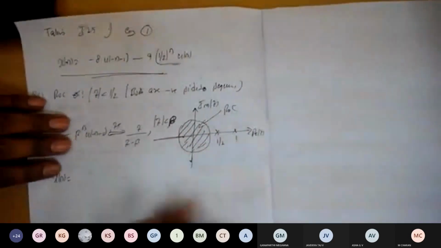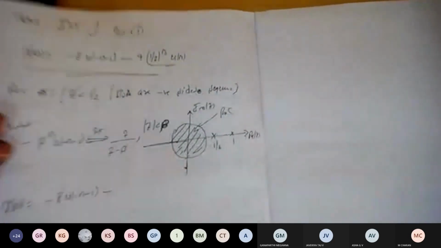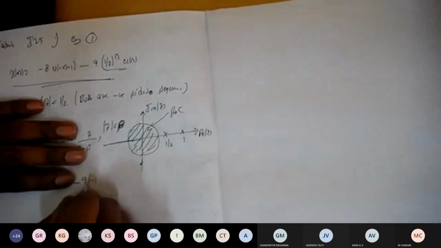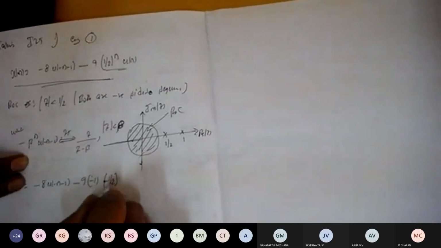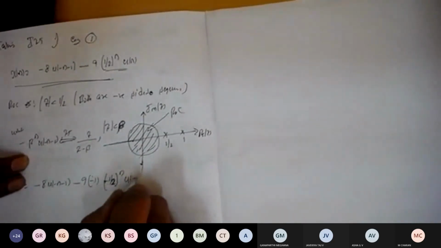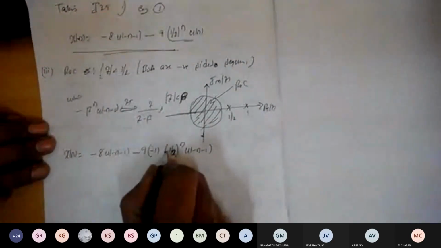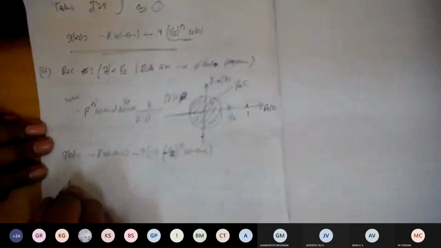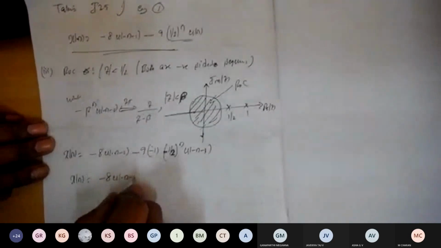It becomes minus 8 into u of minus n minus 1, minus 9 into minus 1 by 2 to the power of n into u of minus n minus 1.